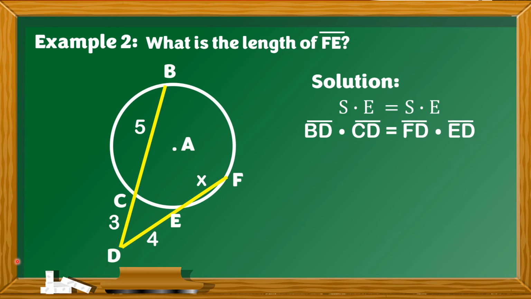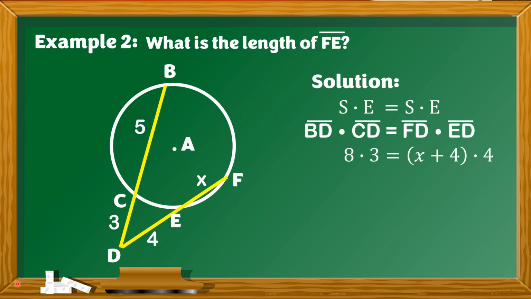Next we're going to substitute now the lengths of the segments in the equation. So we have line segment BD is 8. So how did we get 8? That is 5 plus 3. And then times the external segment, the length of the external segment is 3, equals the length of line segment FD, which is x plus 4, times the length of the external segment, which is 4.